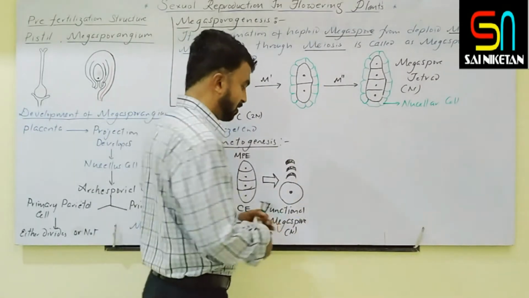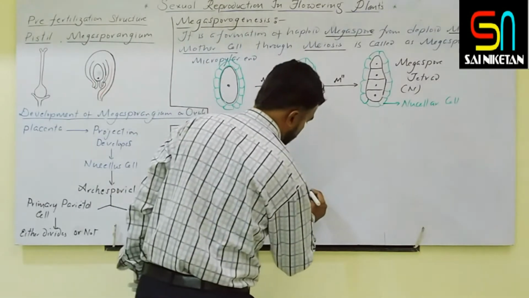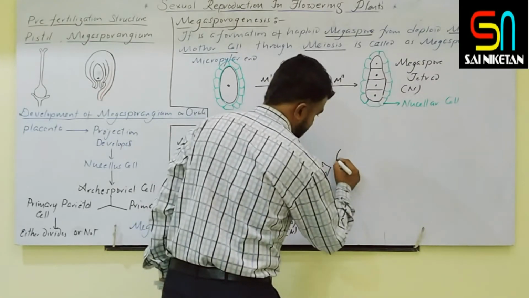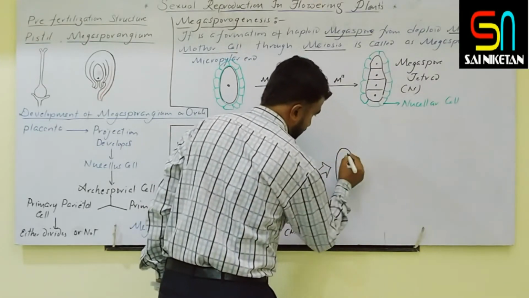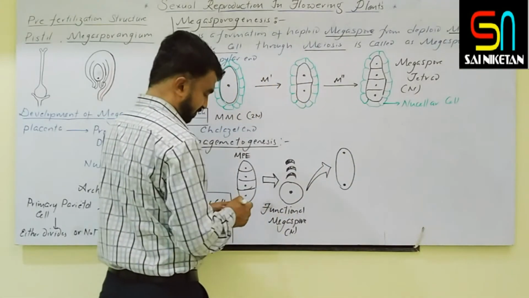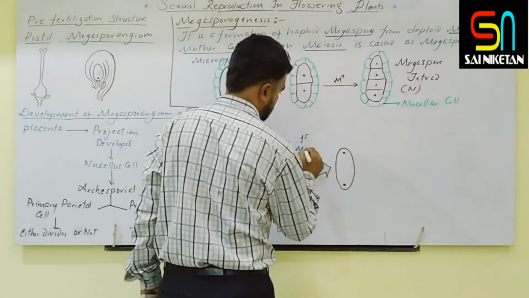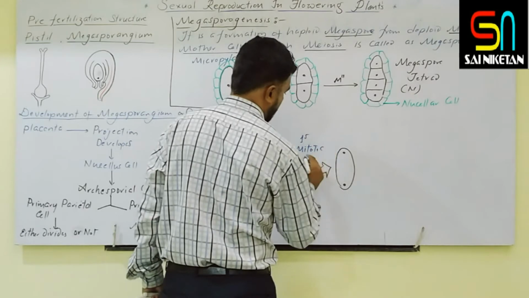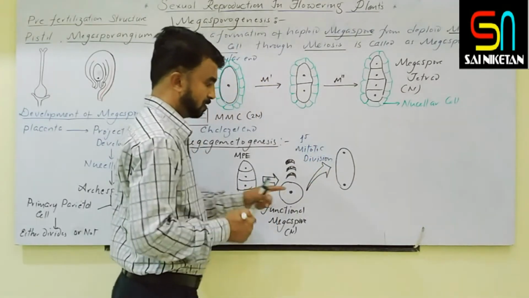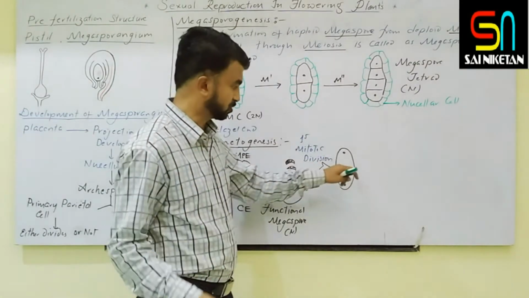Formation of embryo sac from this megaspore is nothing but megagametogenesis. This is important. Up till here meiosis occurs. Now this megaspore undergoes first mitotic division. One nucleus divides to form 2 nuclei, and both nuclei migrate to the opposite poles.